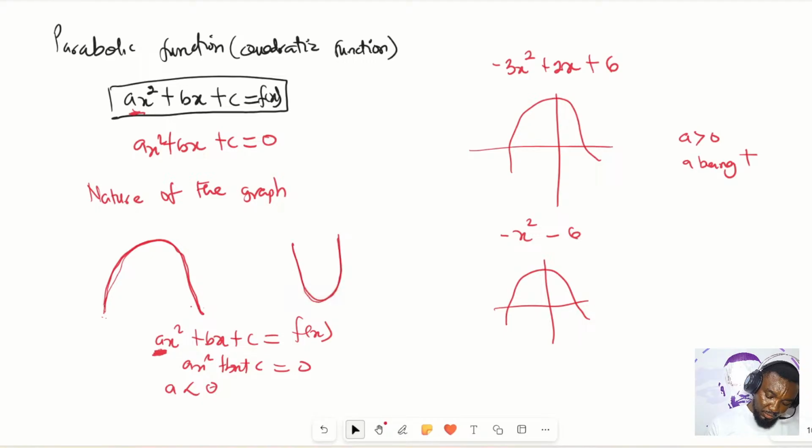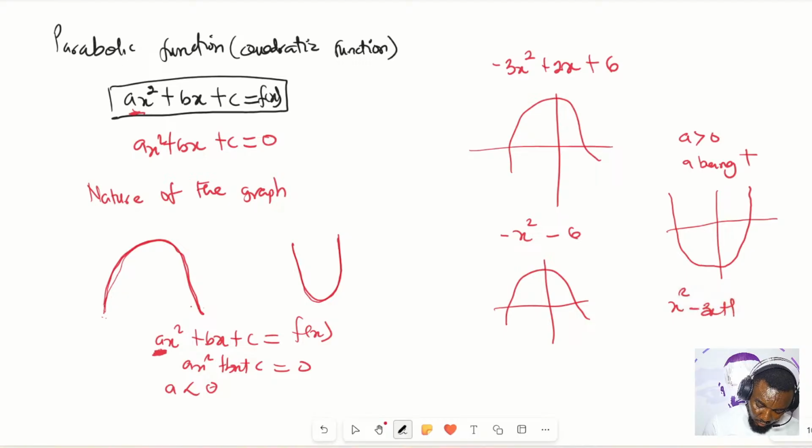So if we have a function, for instance, x squared minus 3x plus 1, because the coefficient of the x squared is positive, it is curved like this.